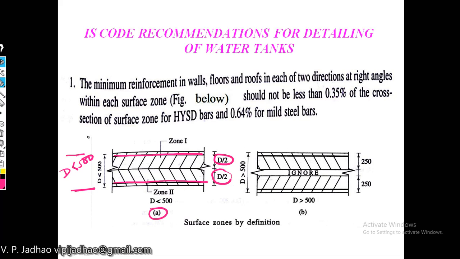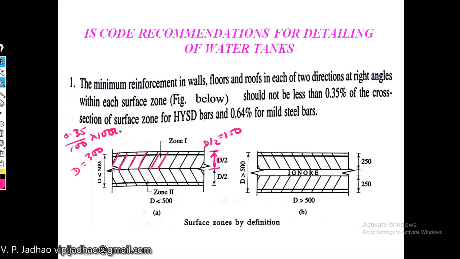So if we have a total depth of, let us consider, 300 mm, then the zone for this top reinforcement will be 150 mm. D by 2 means 150 mm. And Ast will be 0.35 divided by 100 multiplied by 1000 multiplied by 150.